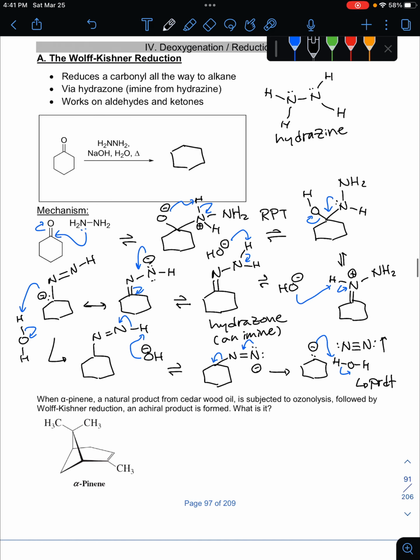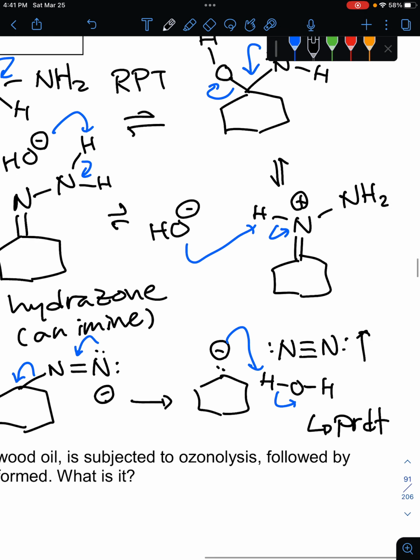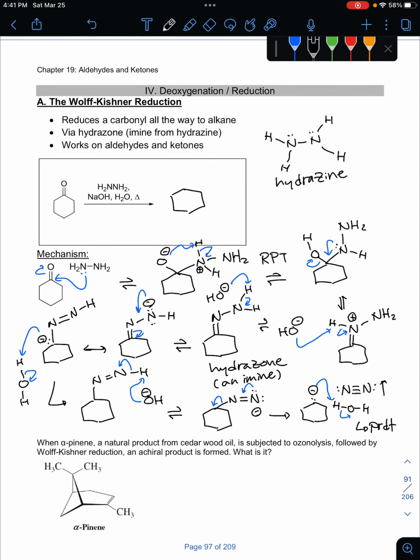It's a lot of steps, but if you think about what's going on, really we just showed a basic base catalyzed imine formation, and from there just removing a few protons from nitrogen, and then passing back protons to the carbon, and in the end the nitrogen gas evolution drives the reaction here. Okay.